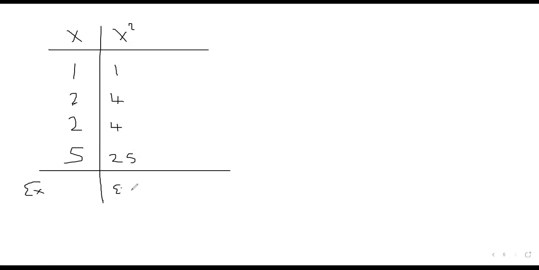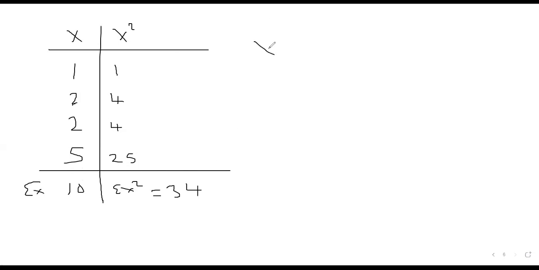This is called the summation of x squared. All right. So what is the total here? 10. What is the total here? 34.